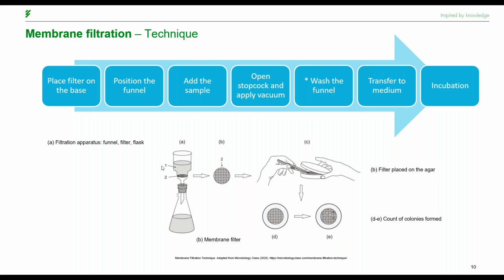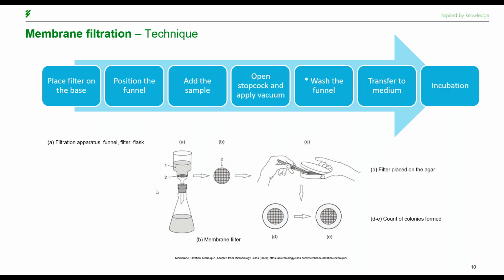And then the funnel, of course, is placed again. The sample is aseptically transferred into the funnel, and the stopcock is opened to apply the vacuum and thus filter the sample. This is when the sample will be passing from the funnel to the flask.